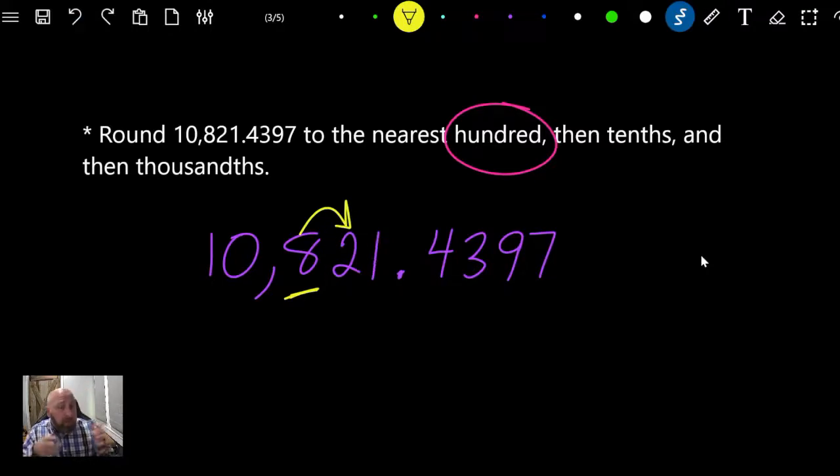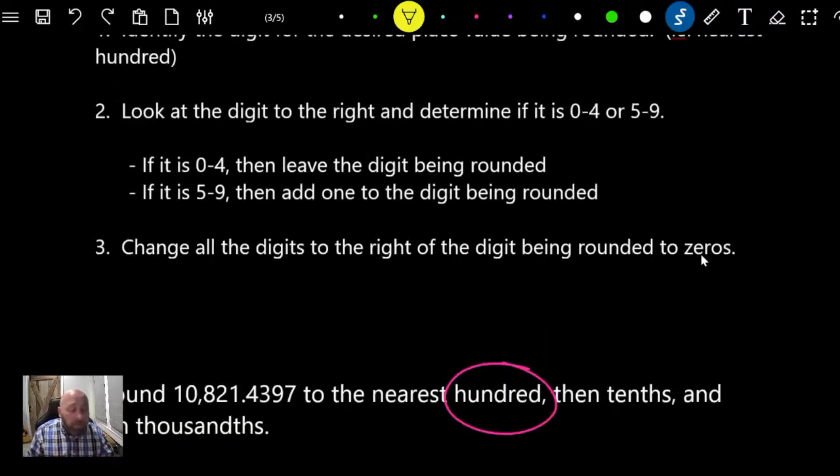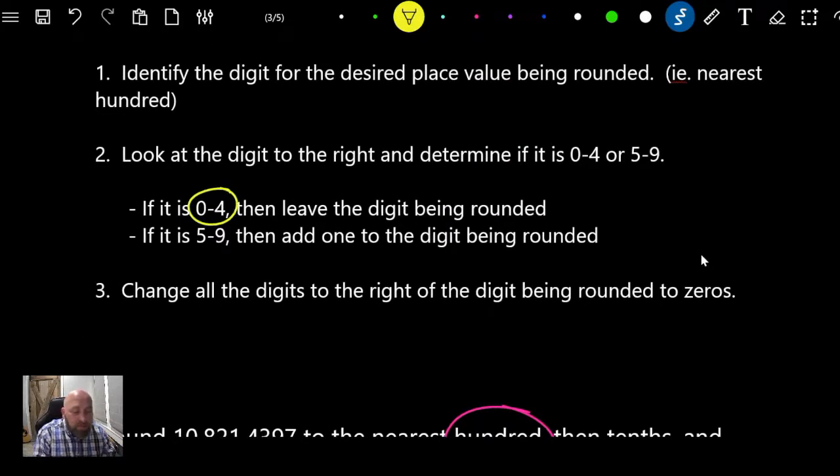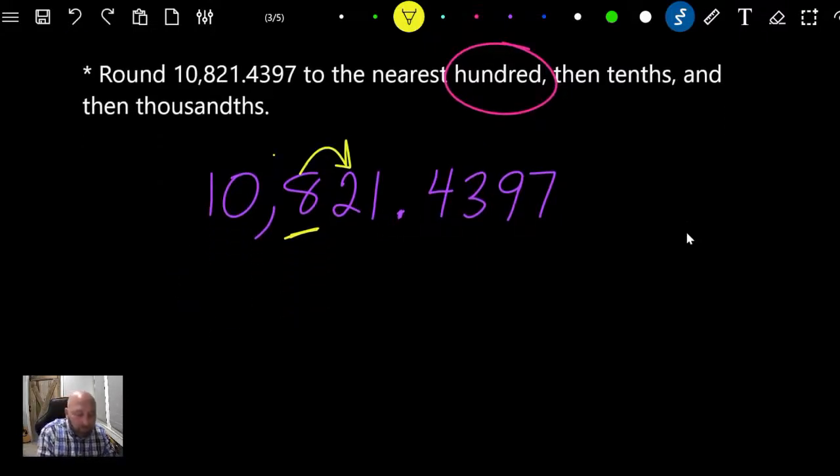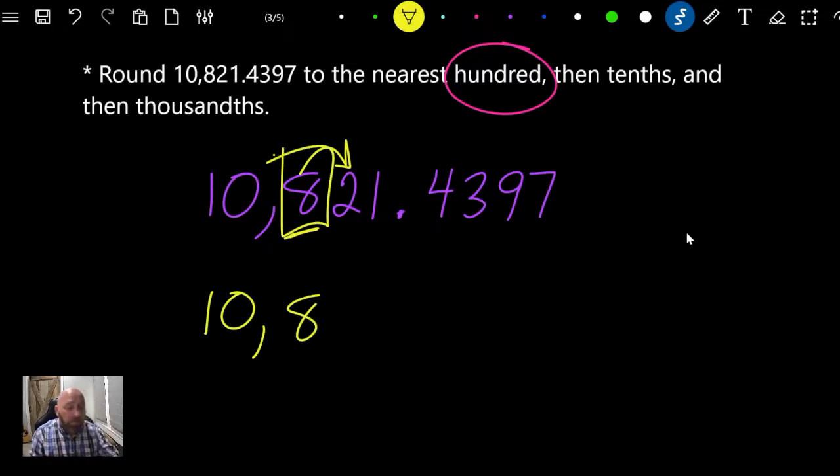Let's go back up here. If it's 0 to 4, we're going to leave the digit alone. So we're just going to leave this alone. So here's what you do. You rewrite these numbers. 1, 0, comma, 8. We left it alone. We did not touch the number being rounded.